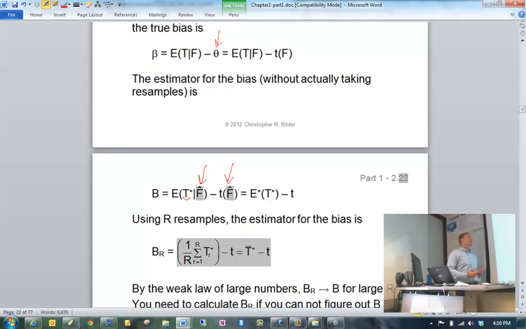T comes from F, T star comes from F hat. And again, as emphasis, and you'll see me do this a number of times today, remember that the book does use different notation to mean exactly the same thing. So a shorthand notation for this expected value would be expected value star of T star, and then subtract off T. And that is our bias.